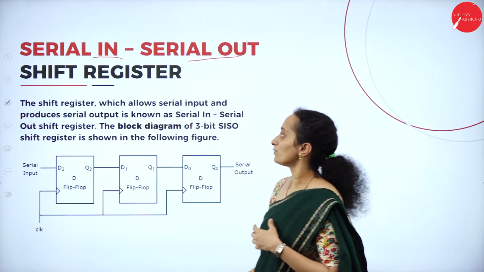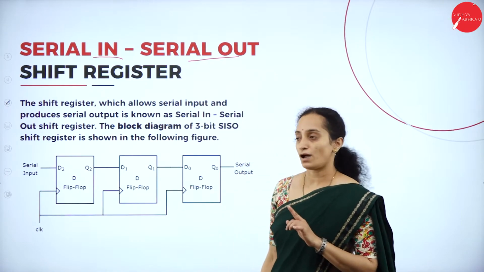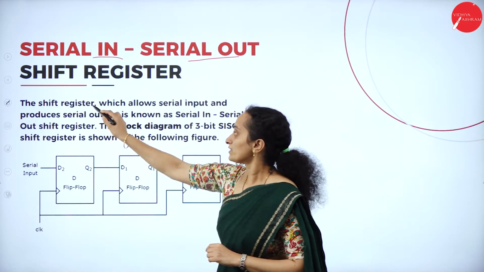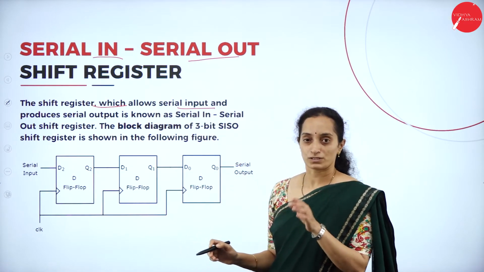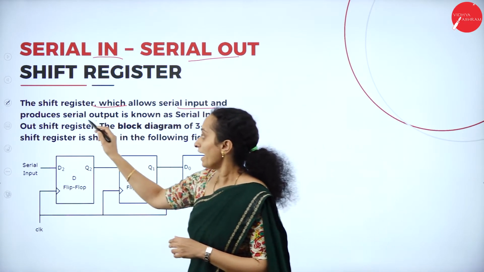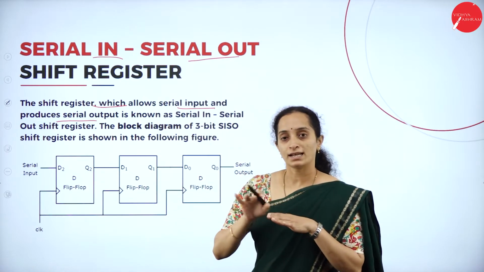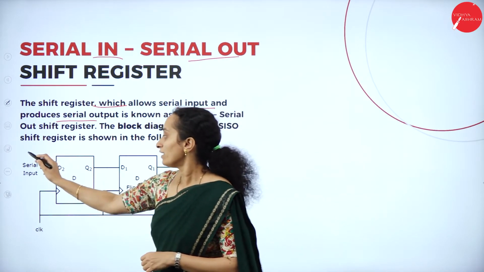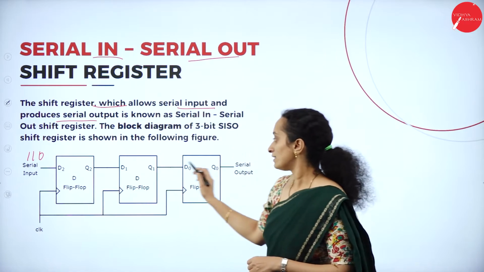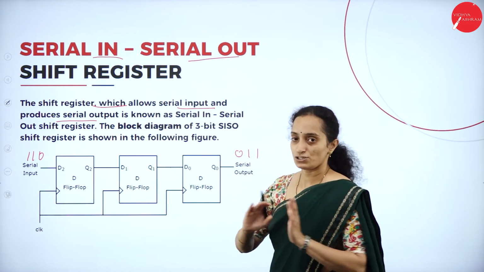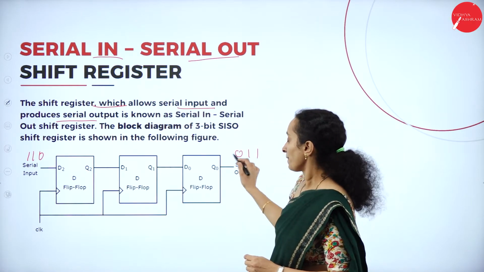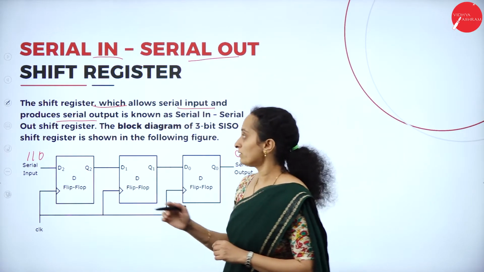So what can we do in the serial in, serial out shift register? The shift register which allows serial input and produces serial output. Like if you have 110, it is shifted to, say, 011. It is shifted to the right. It is serially getting the output.